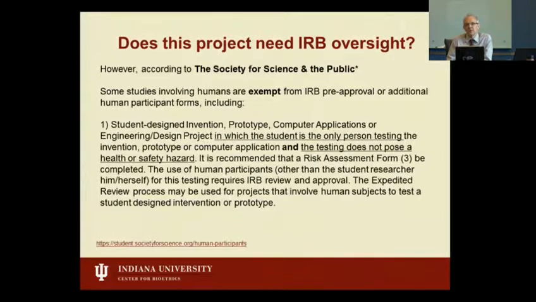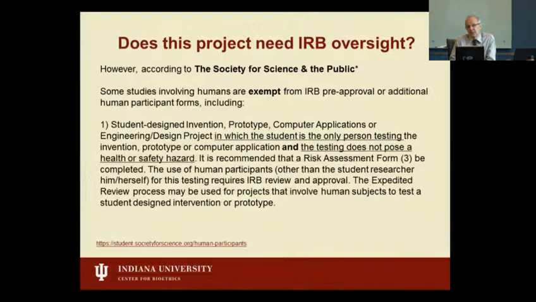Interestingly, other folks have commented differently. While they're looking at the Common Rule or the CFR, here's an example: the Society for Science and the Public, which is supporting clear understandings for students' research projects. They have a whole section on student research projects.